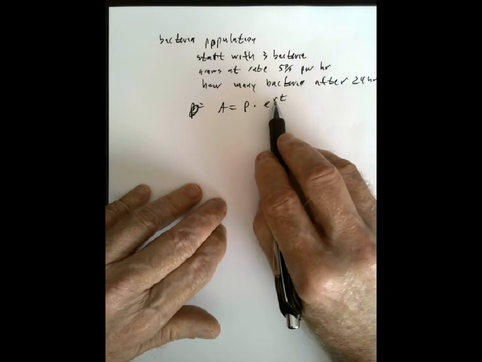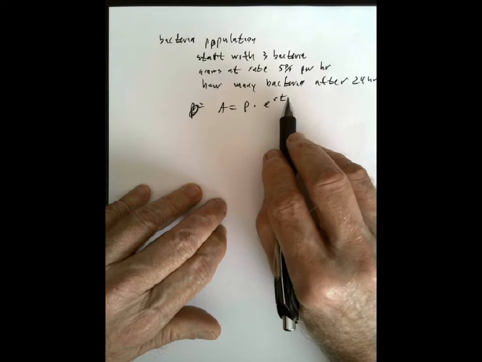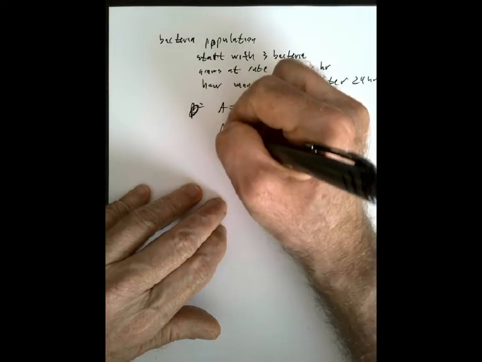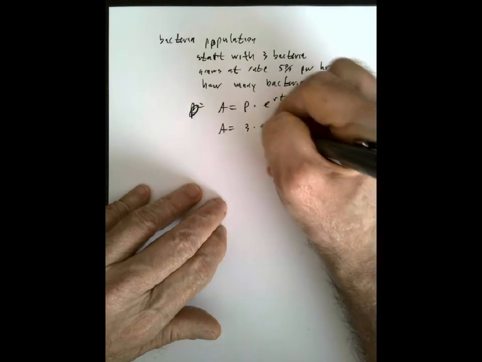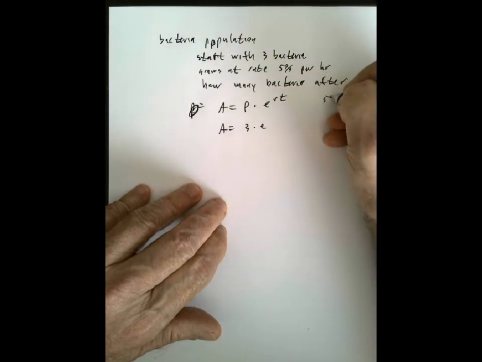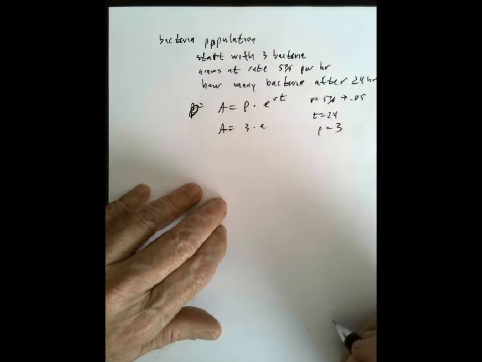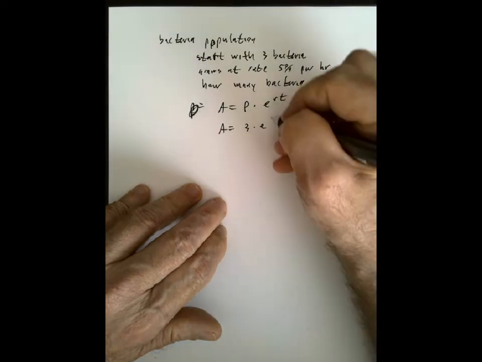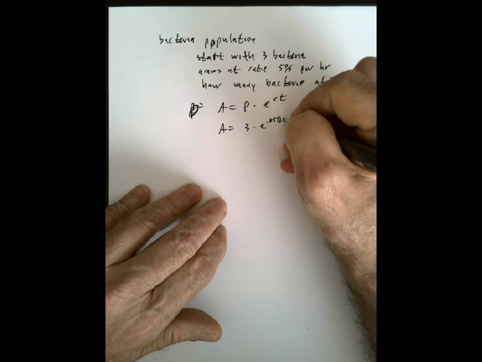So R is going to be the hourly rate of 5%, and T is going to be the number of hours. Okay, so A is equal to 3 E to the, and then 5% becomes 0.05, you understand. That's R. T is equal to 24, right? And then P was equal to 3. Better put that out there. So that's going to be now 0.05 times 24, right?